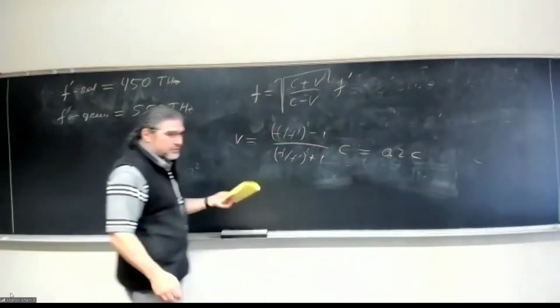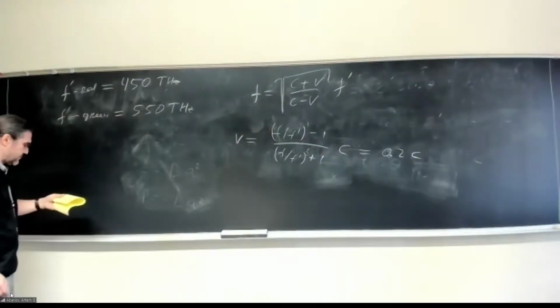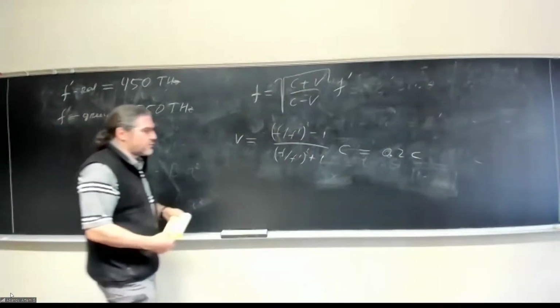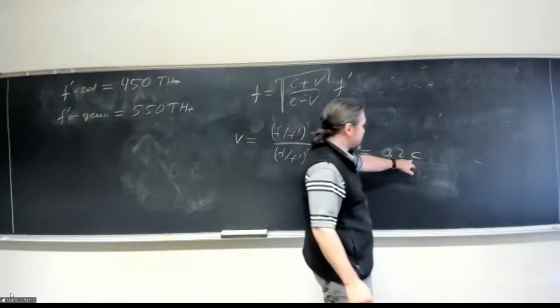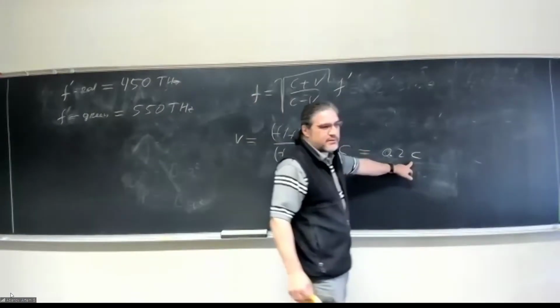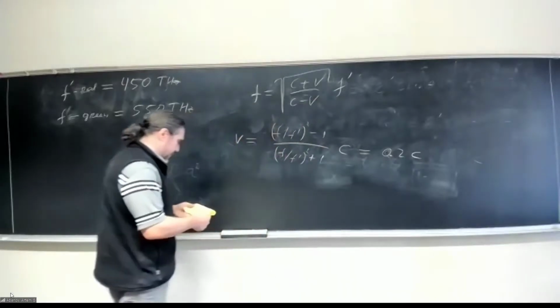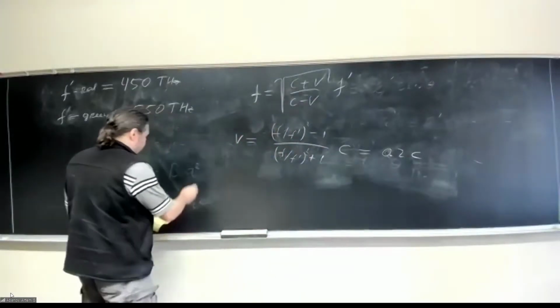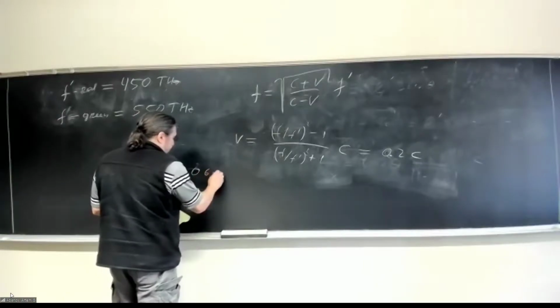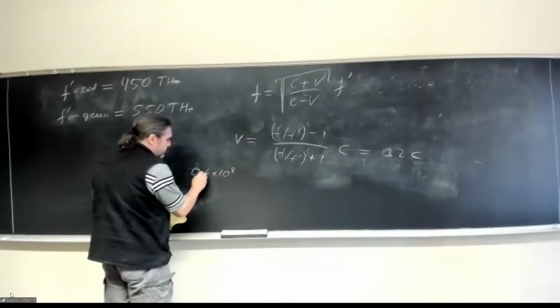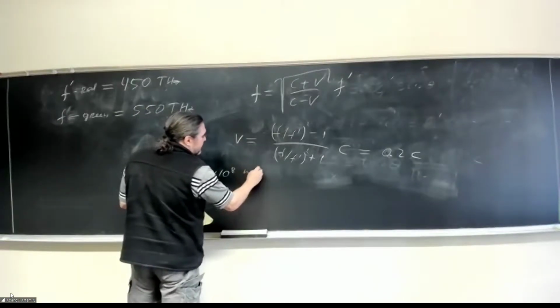Then I asked you to compute it in meters per second: you go to Wikipedia or Google, ask the speed of light in meters per second, multiply by 0.2, and the answer will be something like 0.6 times 10 to the 8 meters per second.